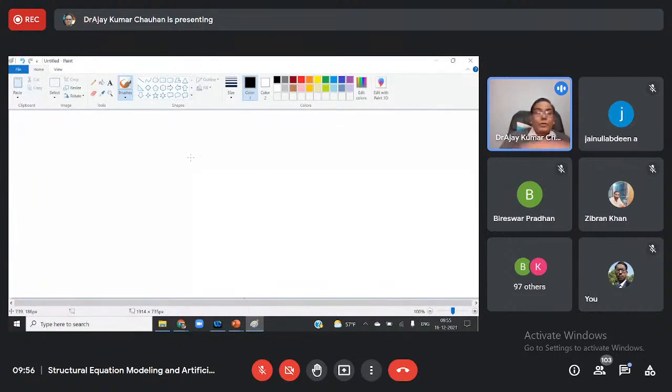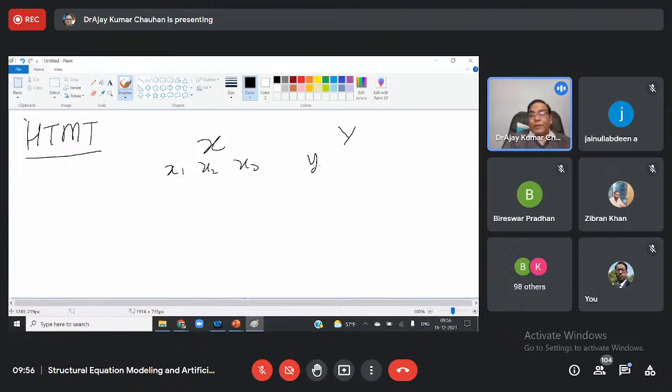Now I'm telling you the fourth. The fourth is the HTMT ratio. Suppose X is measured by X1, X2 and X3, and Y is measured by Y1, Y2 and Y3.